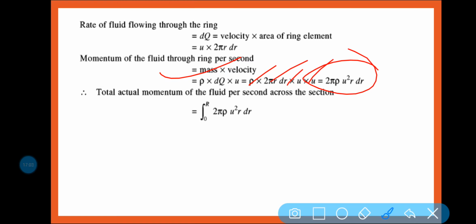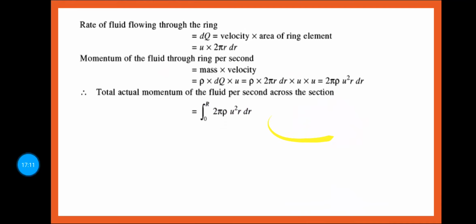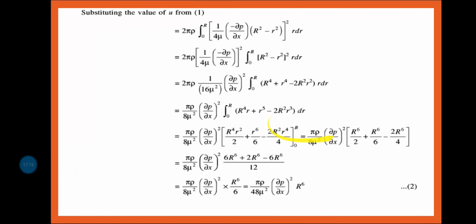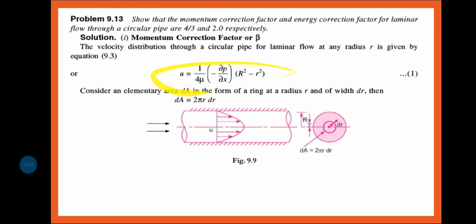Now what is the total momentum? It is varying from 0 to R. So integration from 0 to R of 2 pi rho u square r dr. So after integration, okay, what we will be getting, you can see here the value of u is depending upon the r, isn't it?